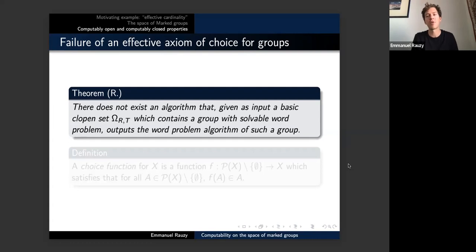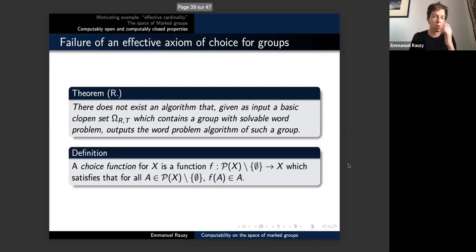All right, so this theorem shouldn't tell you much since I haven't told you what a recursive Polish space is. So I have written here a more explicit theorem, which implies the previous one, but which hopefully we'll be able to understand. The theorem says there does not exist an algorithm that, given as input a basic clopen set which contains a group with solvable word problem, outputs the word problem algorithm of this group.